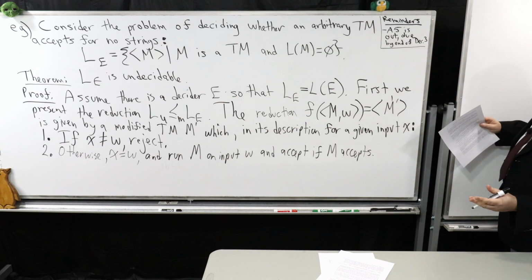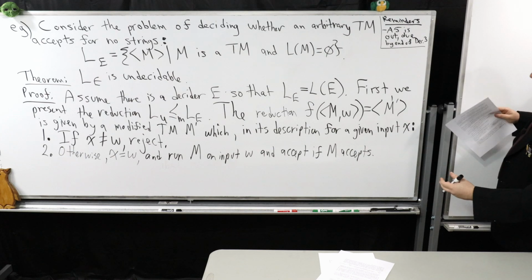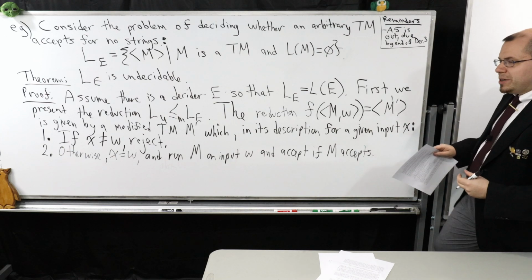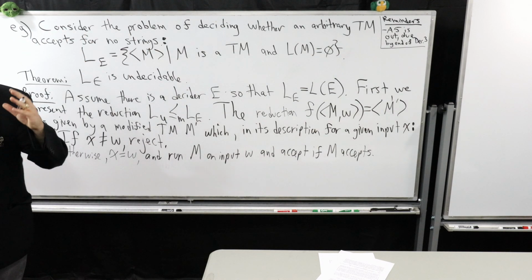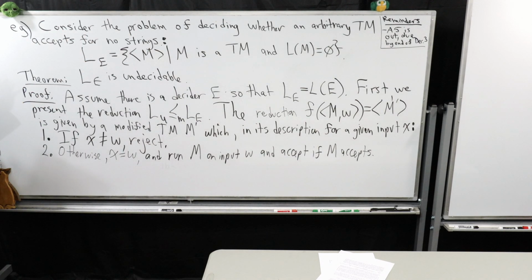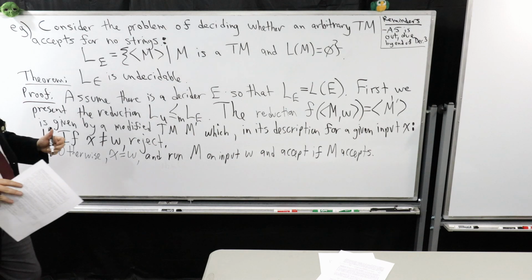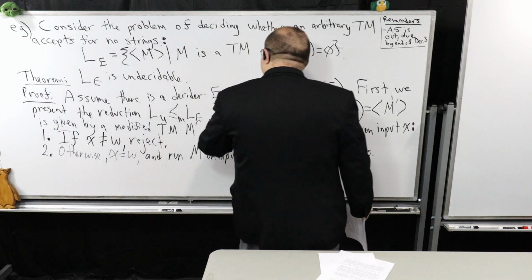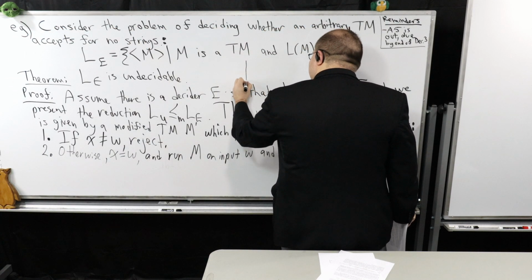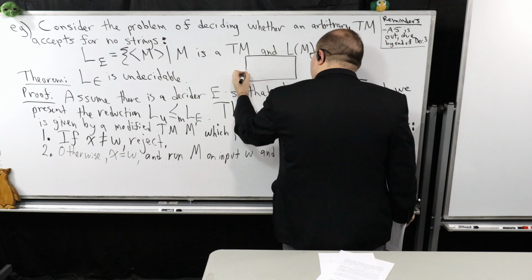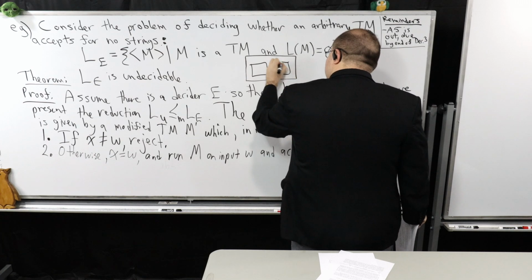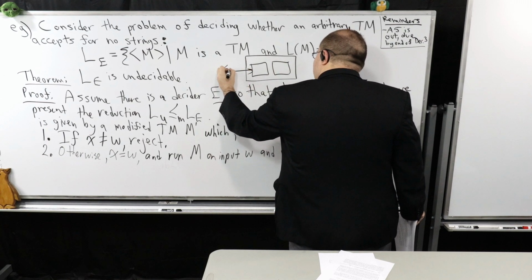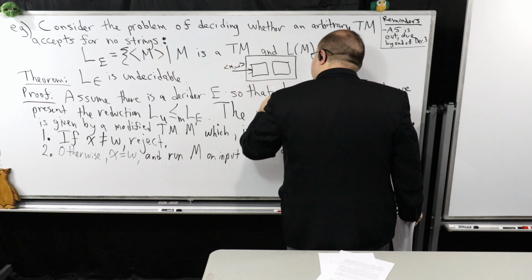So you might ask, Dan, why would I do this? This seems really weird. Now you have to look at it more from the perspective of when I was drawing those boxes. So let me do a mini version of this. Remember, for my reduction I get M and W, right?